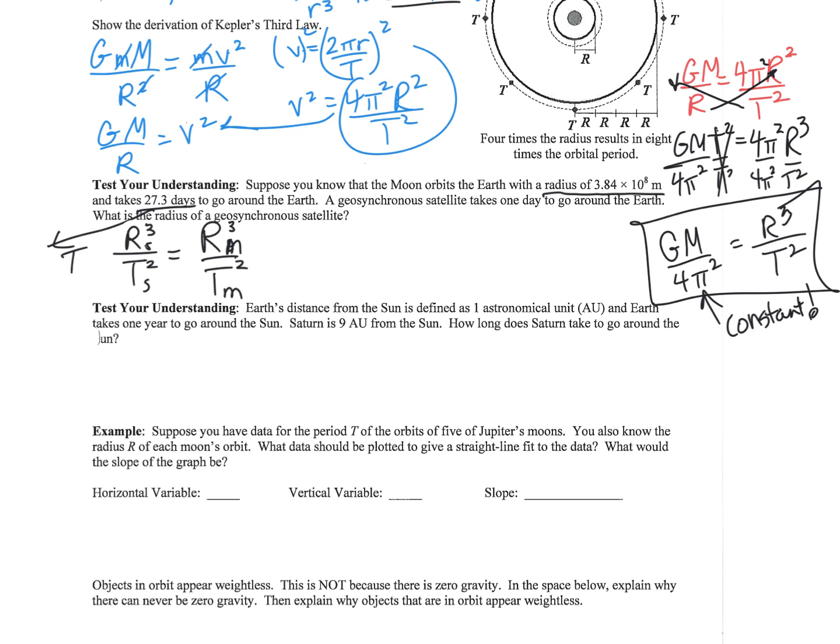Okay. So what we know is the ratio of the satellite. If we do this, cross multiply some stuff, we get r of the satellite cubed is going to be equal to r cubed of the moon.